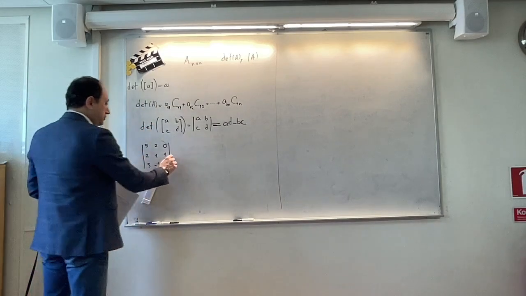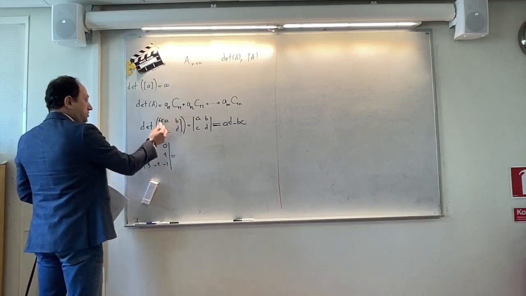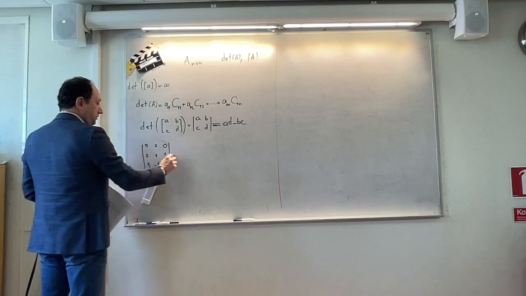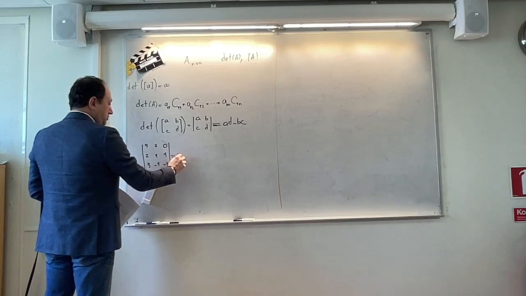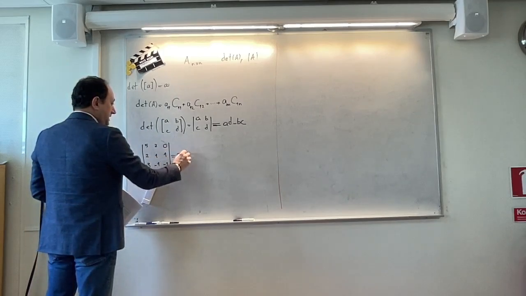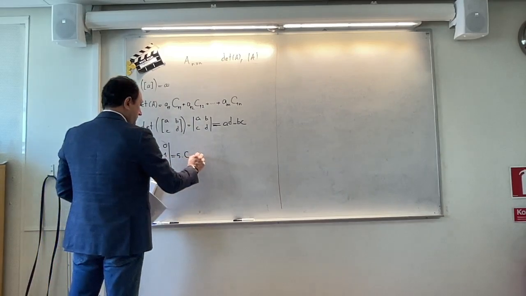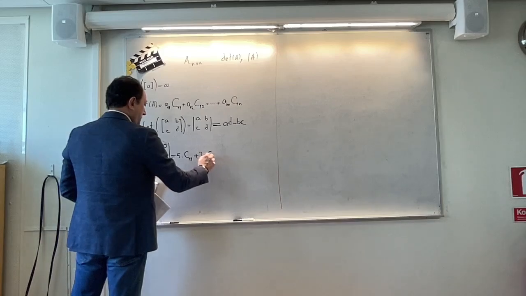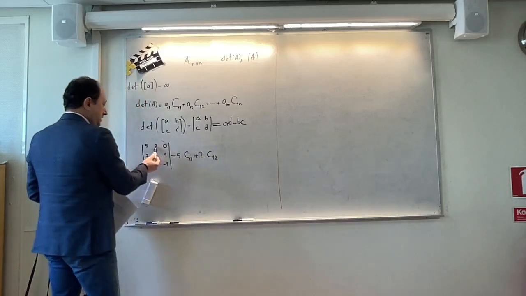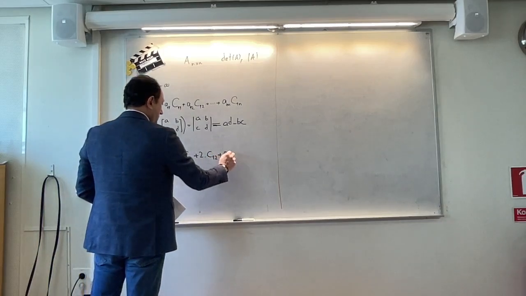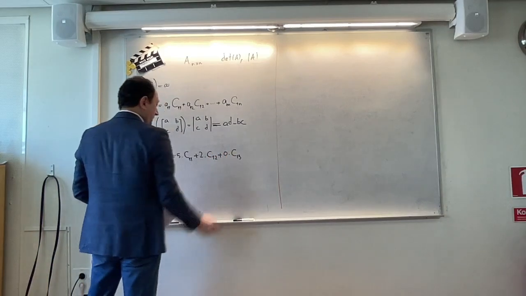You take the entry on the first row, first column, which is 5, and you multiply it by C11. Then plus 2 multiplied by C12, because this is the entry 1, 2, and then plus 0 times C13.